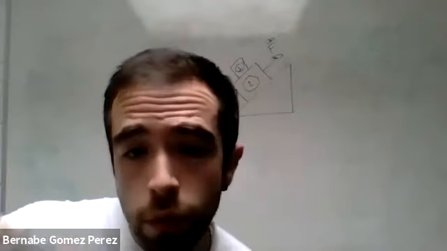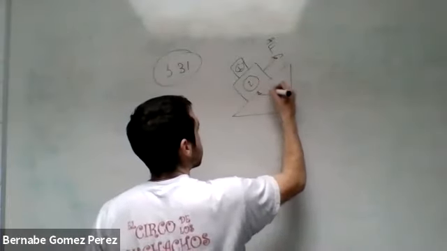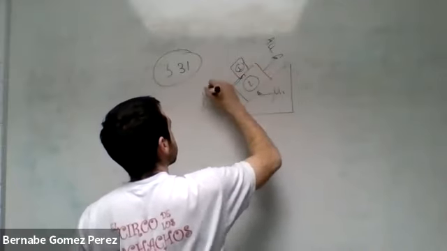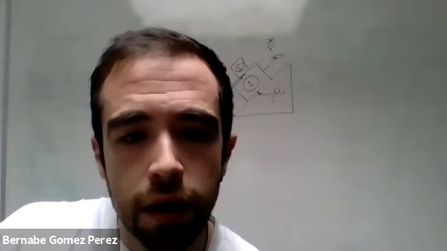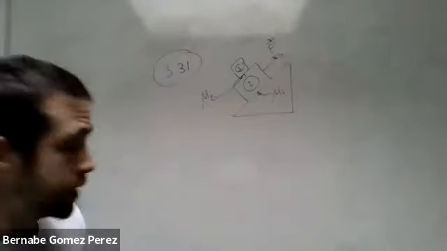So we know the friction coefficients, so I'm gonna call this M1 and this is gonna be M2, mu2 and mu1, okay? Both boxes move together at a constant speed. That's important.